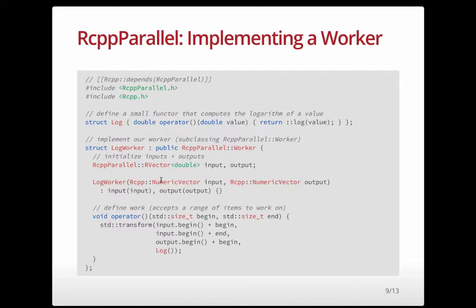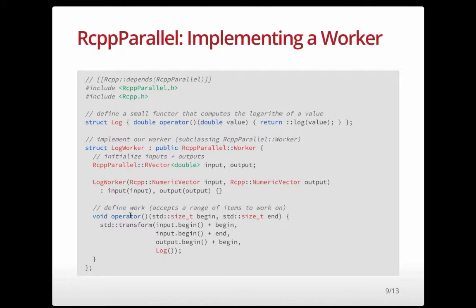All right, so we've got our constructor. This is how our log worker is made. It just stores references to the input and output. And here is where we define our work. This is the implementation for a worker to do work on some slice of data. If you haven't seen this before, it's basically a way of saying, okay, I want this class to behave kind of like a function.